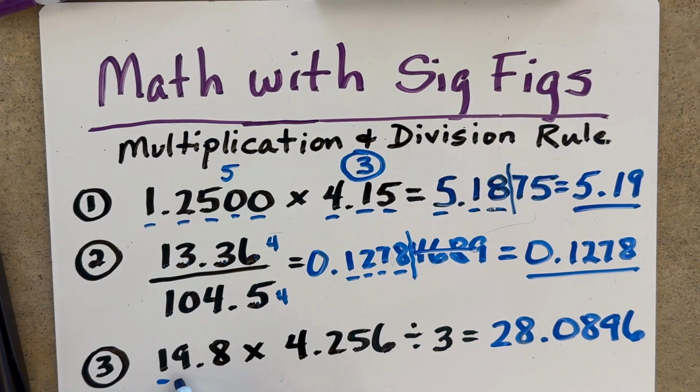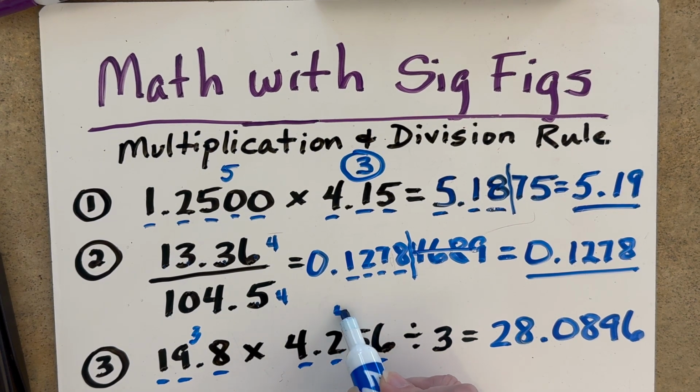So our front number has 3. Our next number has 4, but our last number only has 1. That means we are only allowed to keep this one digit as our significant digit.